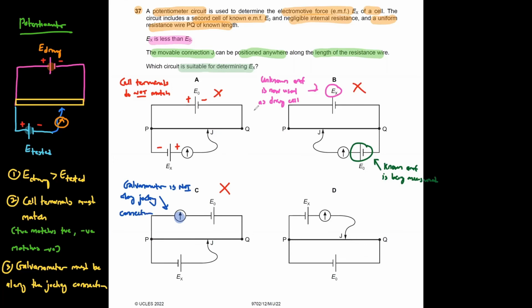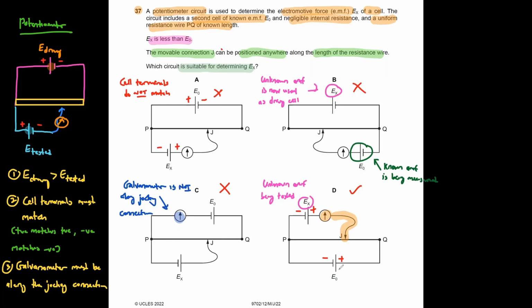So the only answer here would have been D. You can check it one by one. Your cell terminals are aligned, positive, positive here, negative, negative here. Your galvanometer is along the jockey connection. And then you can see here that your EMF being tested is this one. This one is the unknown EMF being tested.